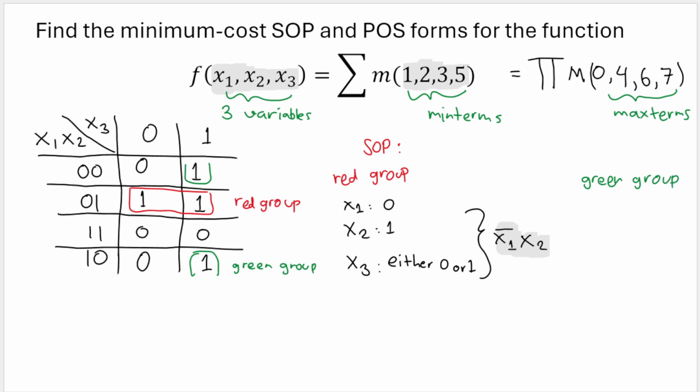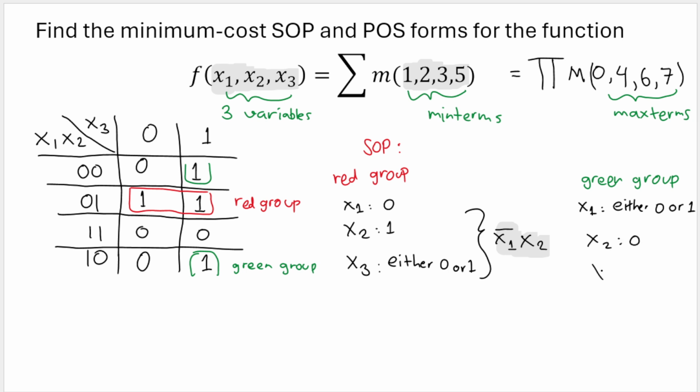For x1, we can have either 0 or 1. And then what is x2? x2 is 0 and 0, so x2 has to be 0.